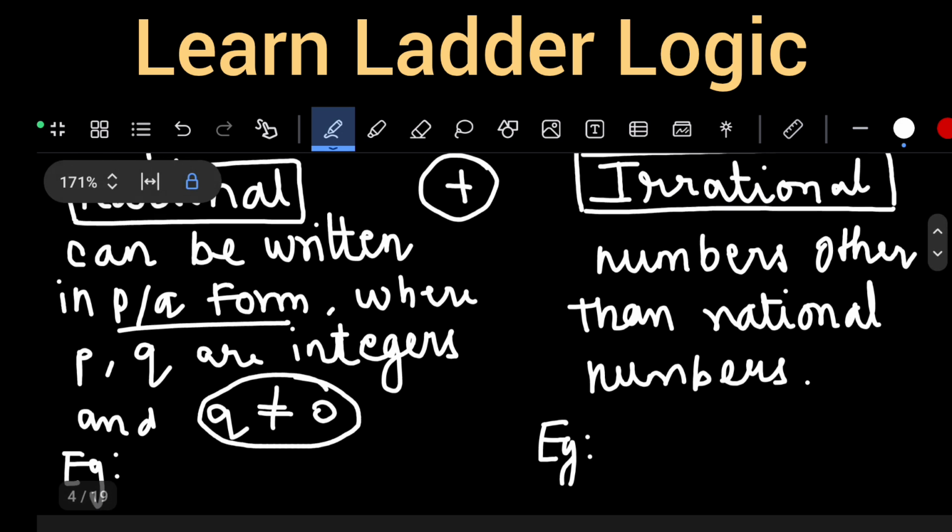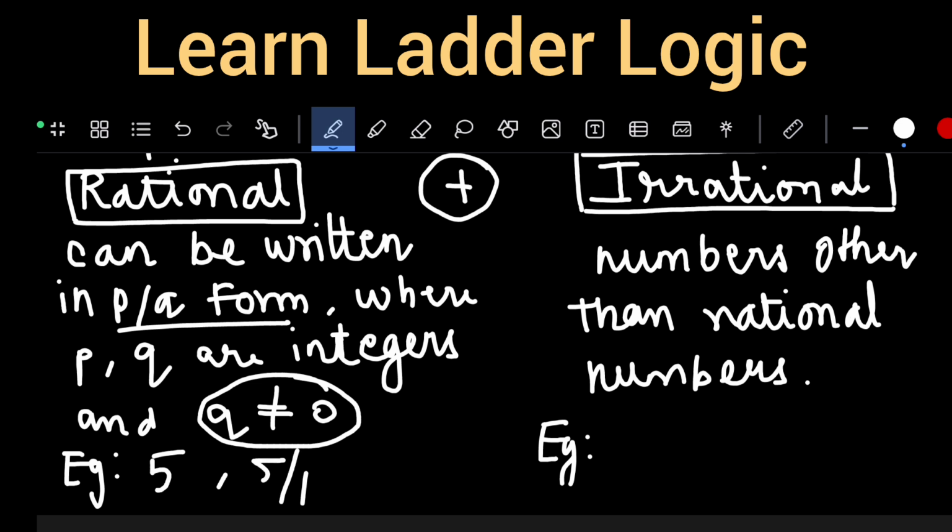So I can just write an example. A normal number just like 5. 5 is a rational number. We can just write it as 5 by 1, right? We can write minus 3 by 2. These all are rational numbers because these numbers are written in p by q form.